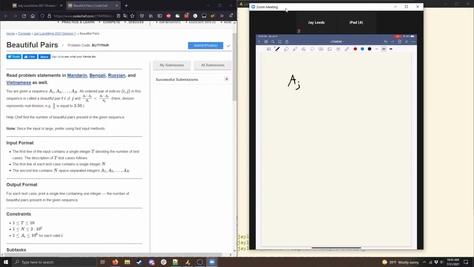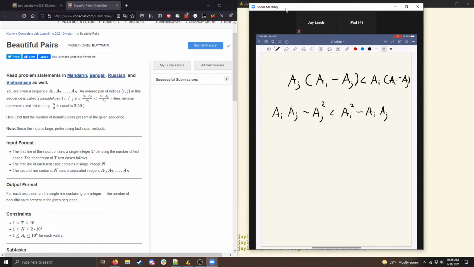a sub j times (a sub i minus a sub j) is less than a sub i times (a sub i minus a sub j). And so that gives us a_i a_j minus a_j squared is less than a_i squared minus a_i a_j.